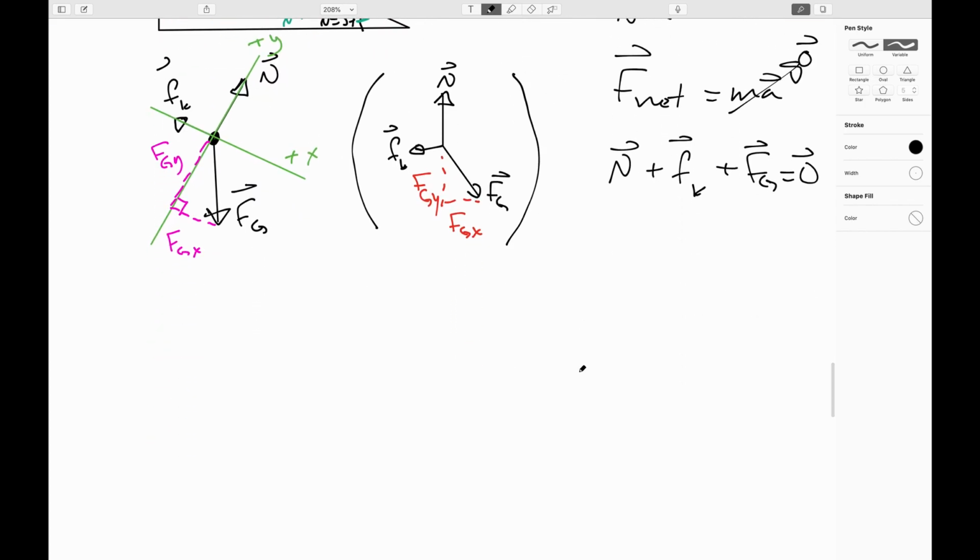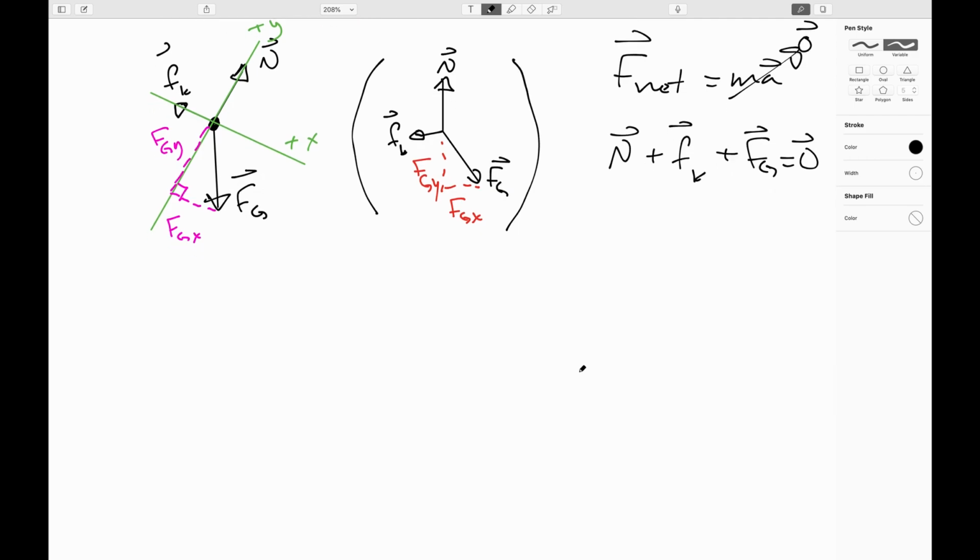Now here we can go to the land of x and the land of y and take the components of these. So this will be nx plus fkx plus fgx equals 0 over here in the land of x.